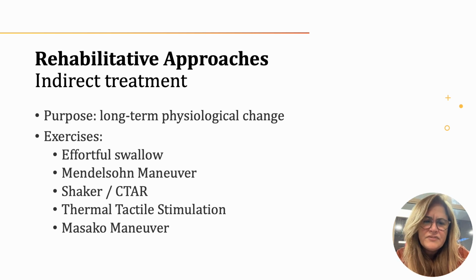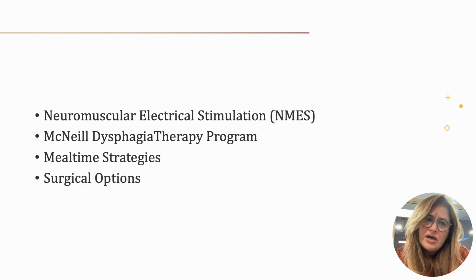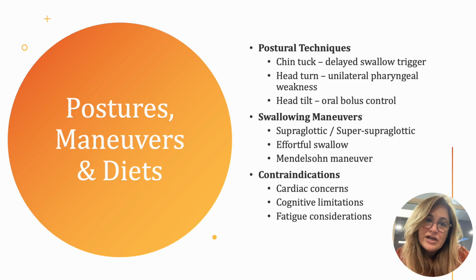Okay. Then if you go into other approaches that we have, neuromuscular electric stimulation like VitalStim and others. We have protocols like the McNeill Dysphagia Therapy Program, strategies that you use during mealtime, surgical options for some clients. So depending on what your clients need is what you need to be focusing on more.